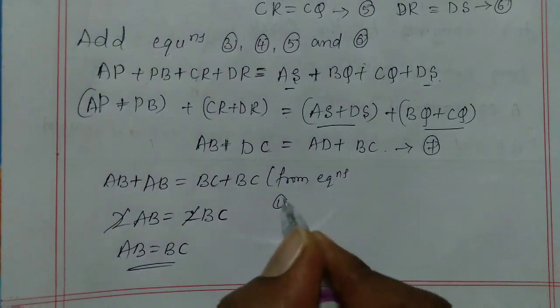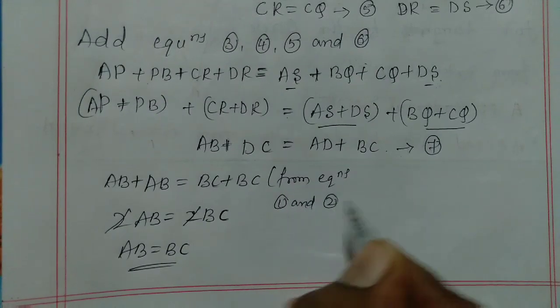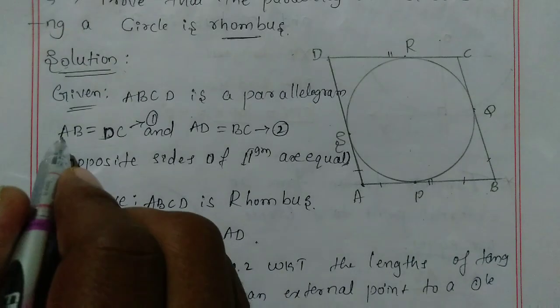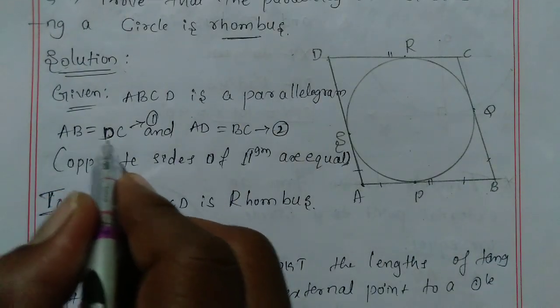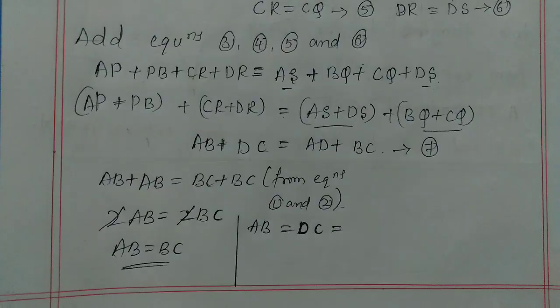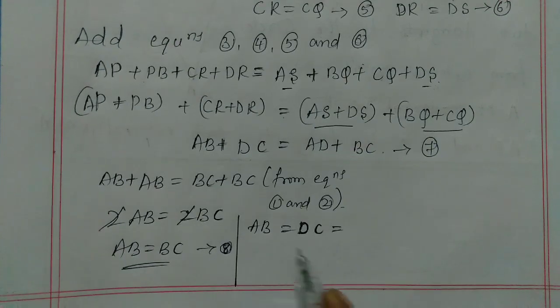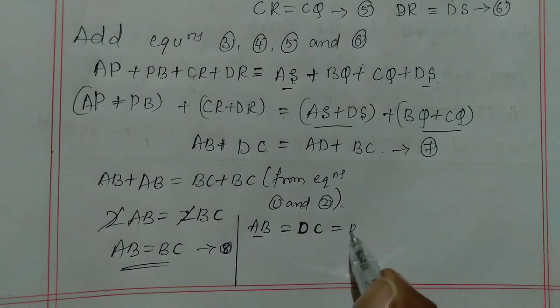Okay. So AB equal to BC you will get, because I will write this one as from equations 1 and 2 I will write. Okay. So next, so we know here AB equal to DC. So I will write here AB equal to DC, this is from equation 1. Okay. So and also AB equal to BC is there. AB equal to BC. So AB means I will write BC also.